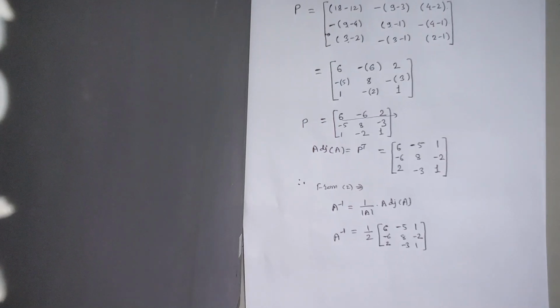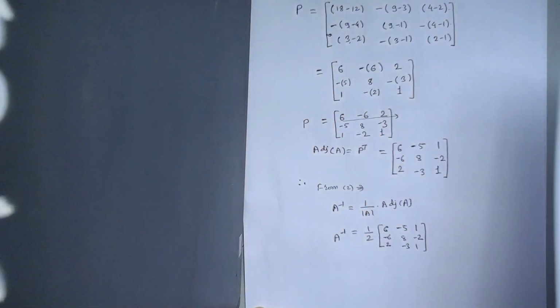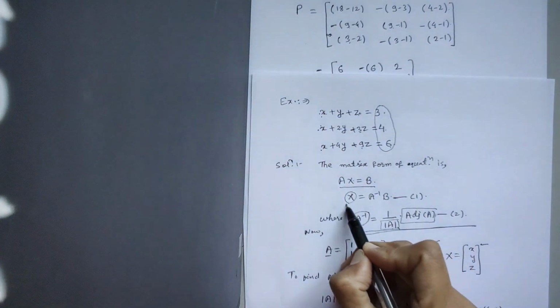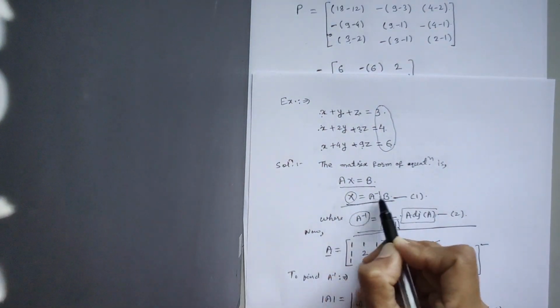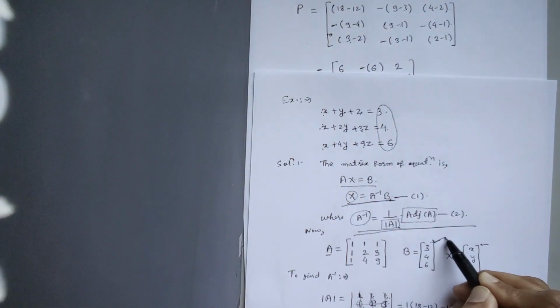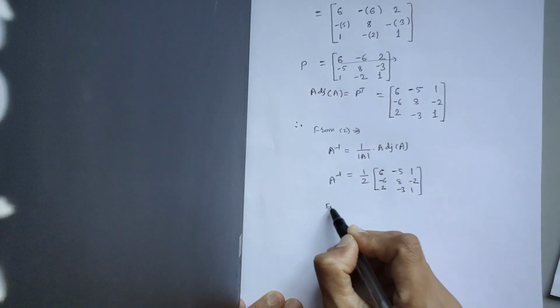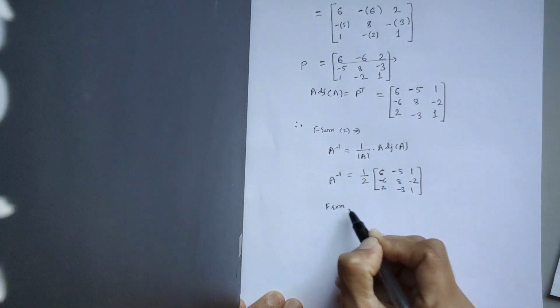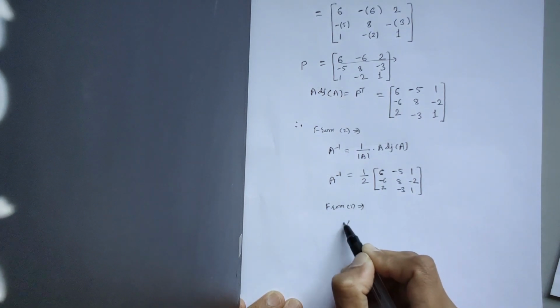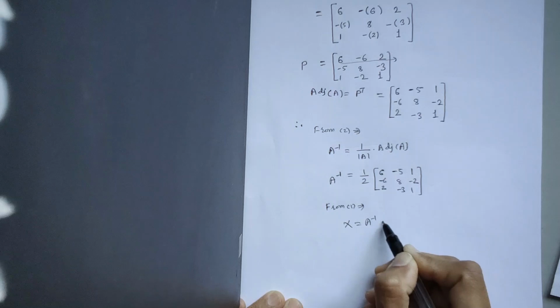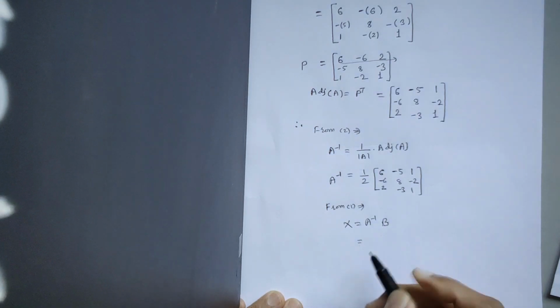Just observe the calculations. It's not that complicated. Now I'll put the value in equation 1. What is my equation 1? This is x equal to A inverse into B, and my matrix B is here. I already wrote the matrix B here. So from equation 1, x will be equal to A inverse into B. I am just substituting the value here.